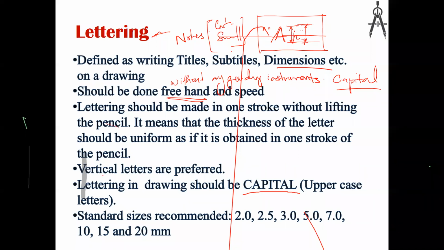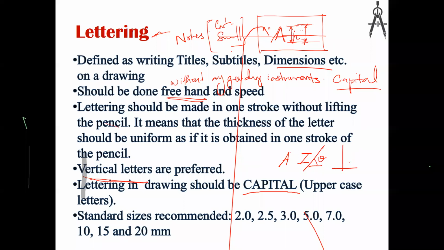Okay, then you can't write anything italic. You can write italic for some specific reasons only. Otherwise you have to write vertical letters only, right? Not like italic letters. Italic, you know, has an angle.